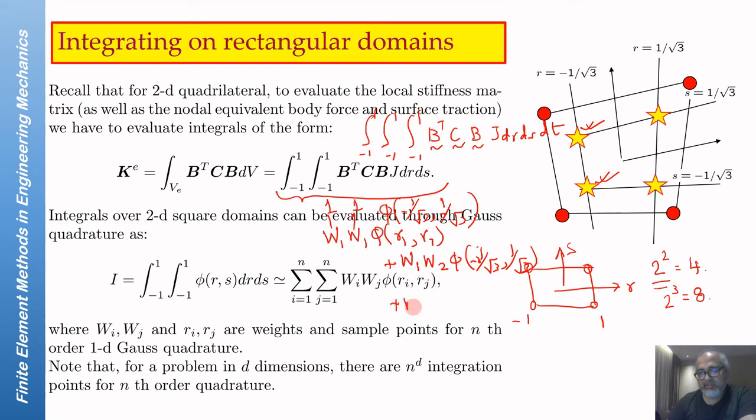Similarly, plus w1 w2 phi, let's say 1 by root 3, 1 by root 3, which is this point. And finally w2 w1, and then finally w2 w2, which is phi 1 by root 3, 1 by root 3.